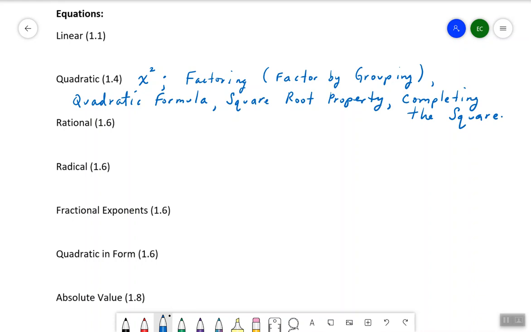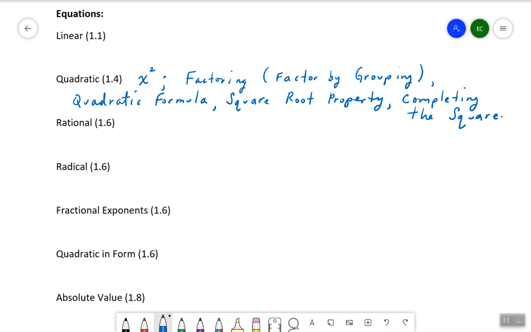And ultimately, we wound up using the square root property near the end of the completing the square method. So make sure you go back and look at completing the square again. Remember the homework in section 1.4 and also the problems on the exam will tell you which method you should use to solve each problem. So you'll need to know all 4 methods.